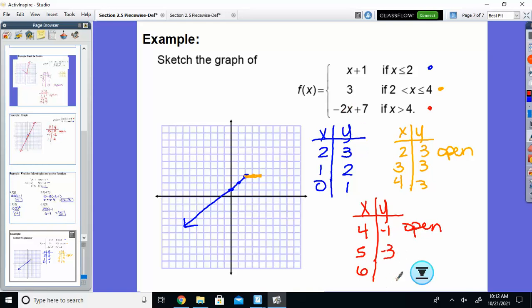Put in 5, I get -10 plus 7, so -3. Then 6, -12 plus 7 is -5. 4, -1. 5, -3. 6, -5. This one does continue. So it looks like that.